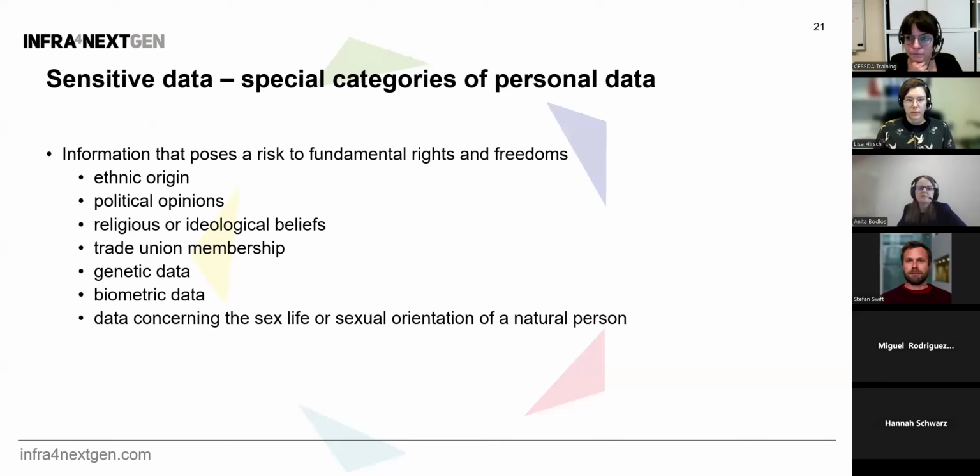This means that if you work with, for instance, survey data on how the population of a country intends to vote, this may already fall into this category of sensitive data because it covers political opinions.